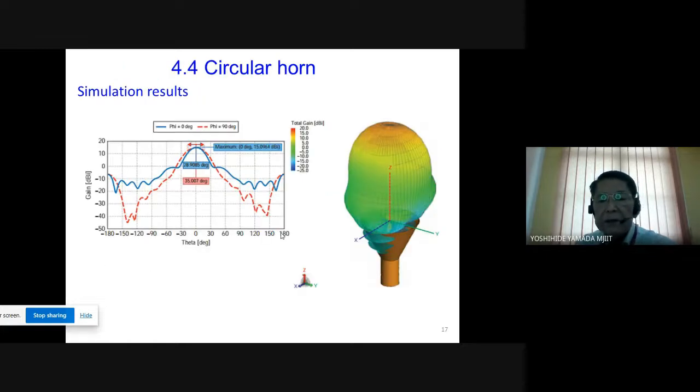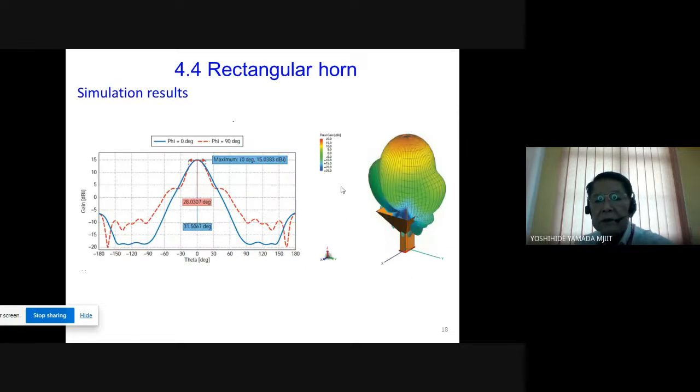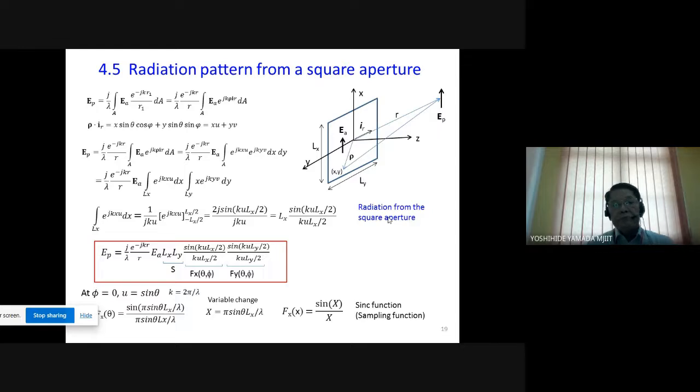In the case of simulation, the radiation pattern becomes like this one. And this is the 3D radiation pattern you can obtain. This is a circular horn, and this is a rectangular horn. And for a larger antenna, this is the radiation pattern from a square aperture.